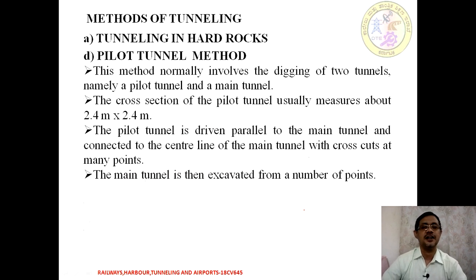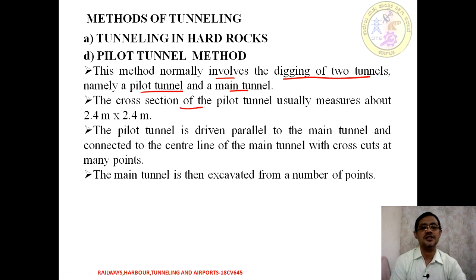The next method of tunneling is the pilot tunnel method. This method normally involves digging two tunnels, namely the pilot tunnel and the main tunnel. Try to remember that whenever we say pilot tunnel, it comprises two tunnels, main tunnel and pilot tunnel.